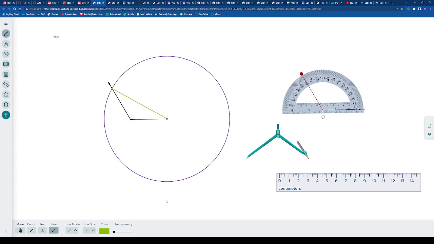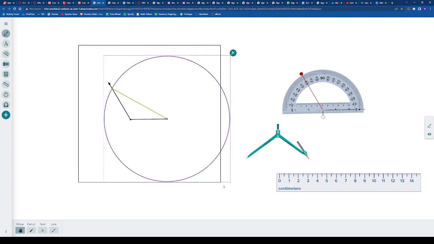So as long as this non-included angle, the A part of SSA, is 90 or more, then it is a valid way to determine congruence. But if it's less than 90 degrees, then it's not valid because there's two triangles that we could end up with.